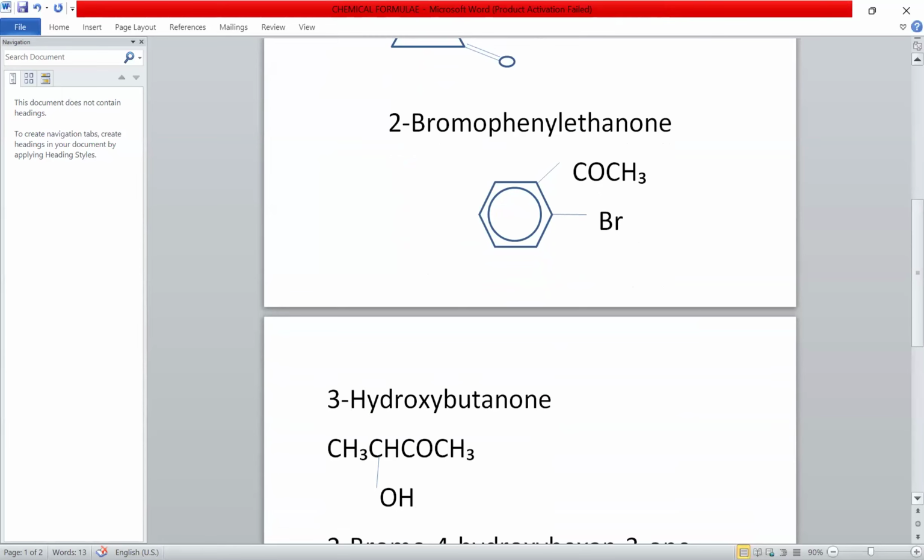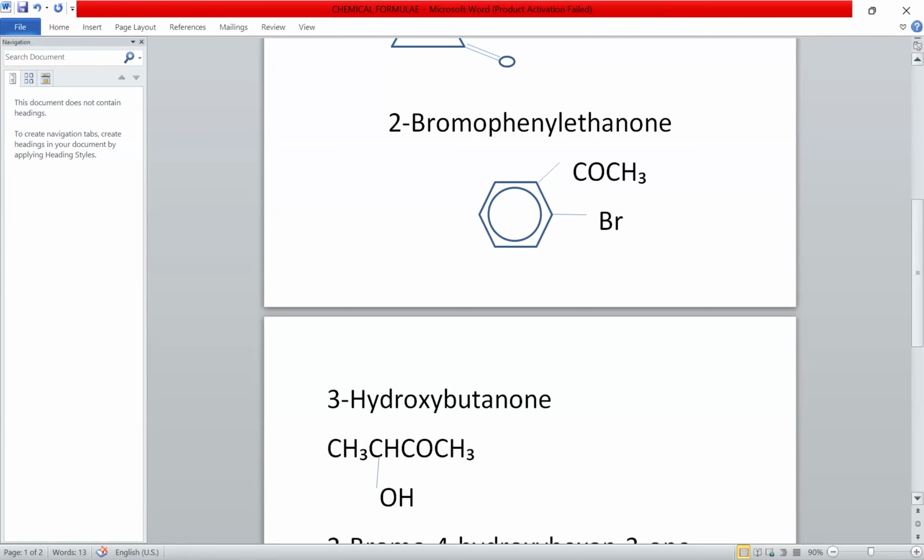But this 2-bromophenylethanol, anyway, I'm going to comment about it because it seems that for that structure, there is another structure supposed to form. Because if you have named the phenyl as a group, then a phenyl cannot have a position.